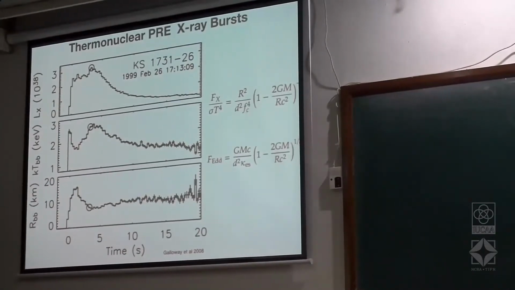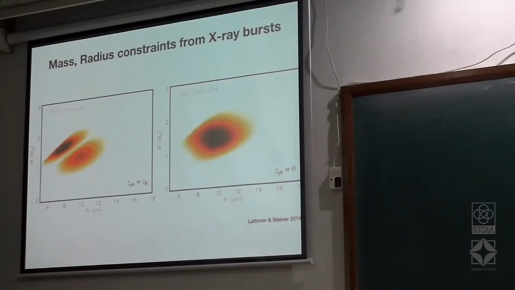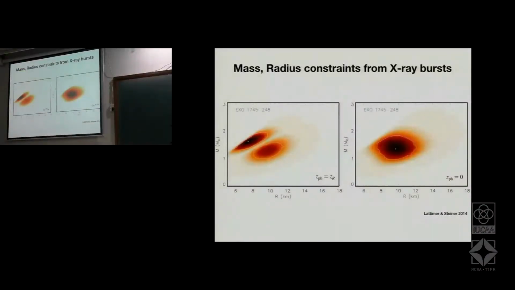Yeah, I'm coming to that. So now if you put all of that together, you can take some of the best cases for which this measurement can be done. It's from the same data, recovered using two different values of redshift. One is with redshift set at the surface redshift, z equal to z_R, and the other with redshift set to 0, just for comparison.